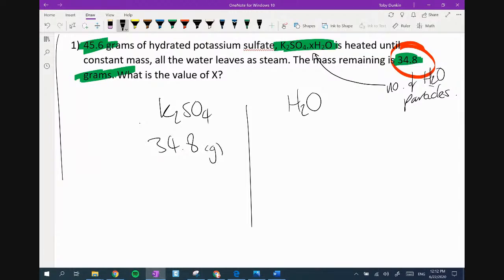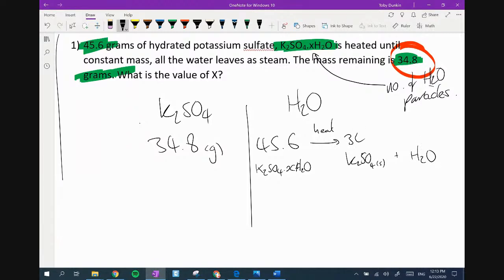Now what that means is the mass of the water is the difference. 45.6 is the hydrated potassium sulfate.xH2O. That's this guy. Then we heat it, and the water leaves, and we end up with potassium sulfate anhydrous and H2O.